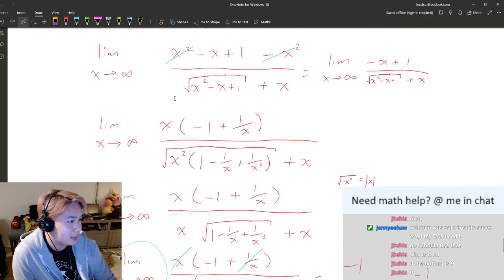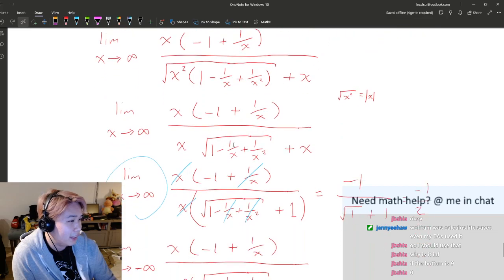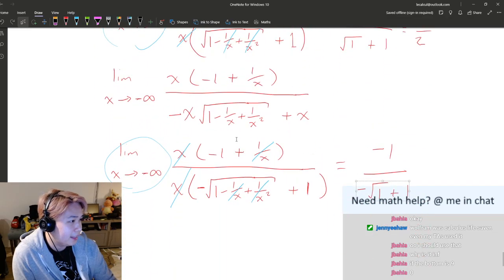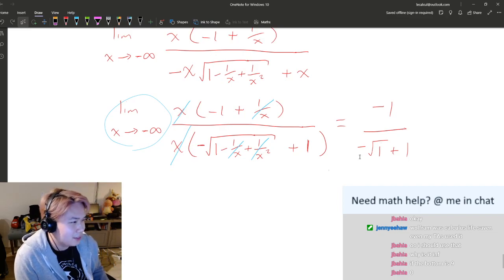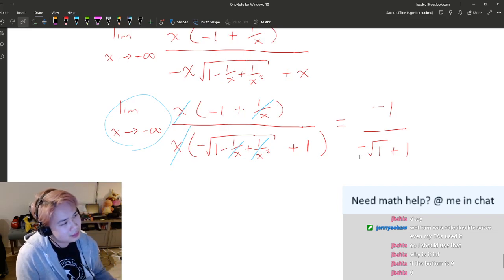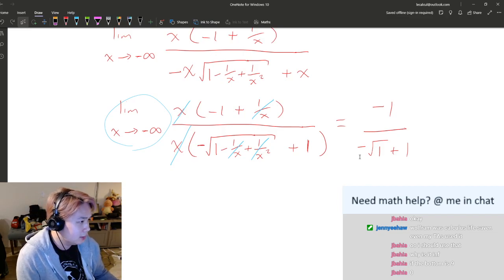Factor out an x from the top, factor out an x from the bottom, and then you're left with this. And then you have to decide whether it's positive or negative infinity, right? So why is it positive infinity?